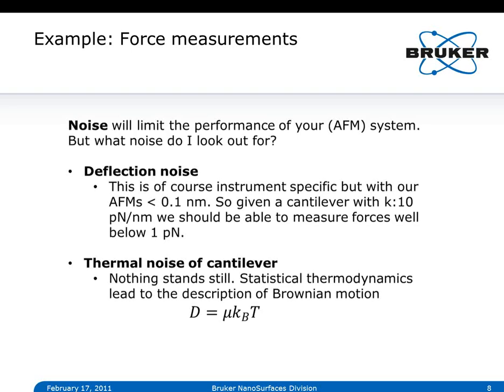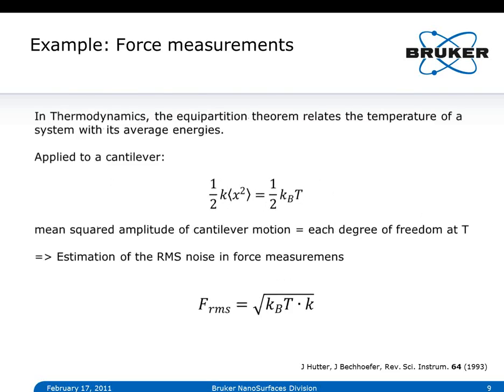When we now apply that to a cantilever rather than some particles in solution, we can apply the equipartition theorem that relates the temperature of the system with its average energies. We put on the left side the mean squared amplitude of the cantilever motion and equate that to each degree of freedom at T, expressed as 1/2 k_B T, and then we arrive at an estimation for the RMS noise in force measurements.